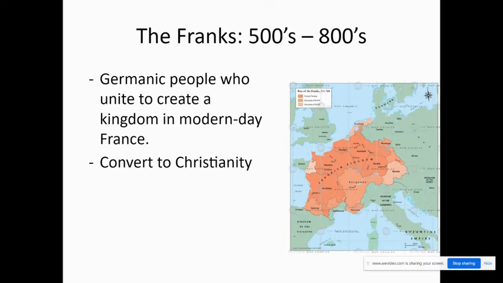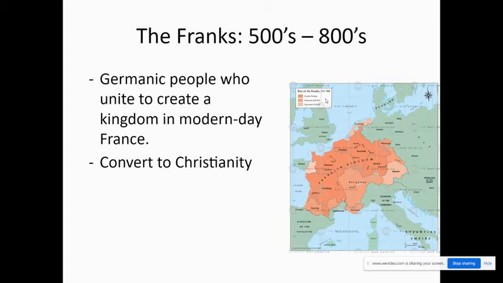So then here come the Franks. This is really the first major unification of these barbarians in Europe. And the Franks lasted from about the 500s to the 800s AD. The Franks were a Germanic people, so the root of Germanic is German. They came from modern-day Germany, and they ruled a lot of Western Europe, as you can see on the map to the right.